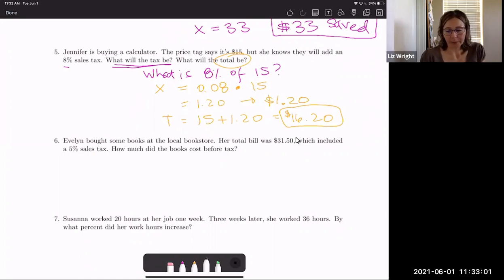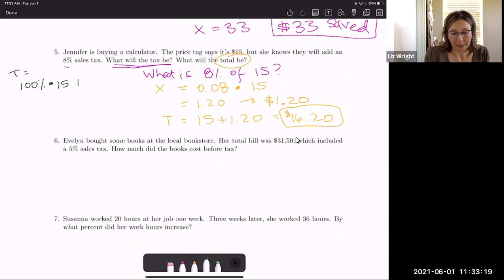Essentially what we're doing here is that we are taking 100% of the cost of the calculator, right? So our total cost is going to be 100% of the cost of the calculator, which is 100% of 15.